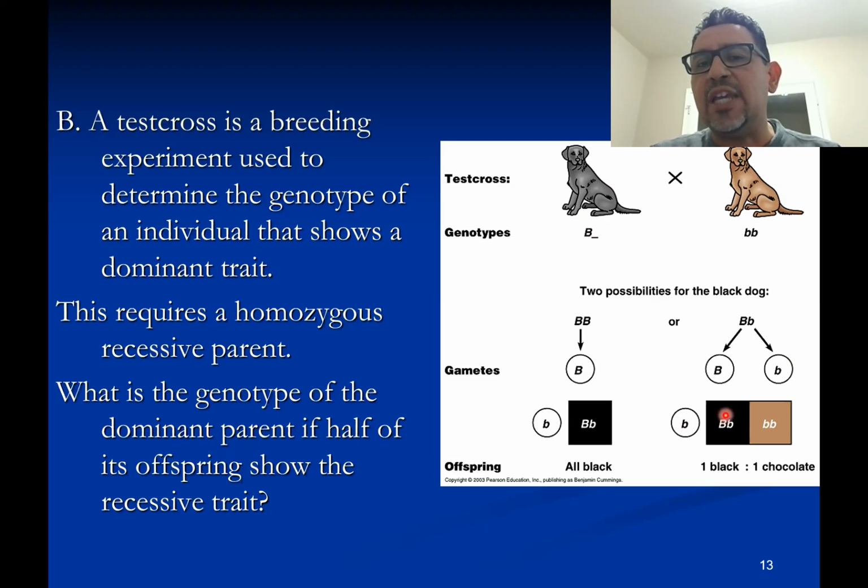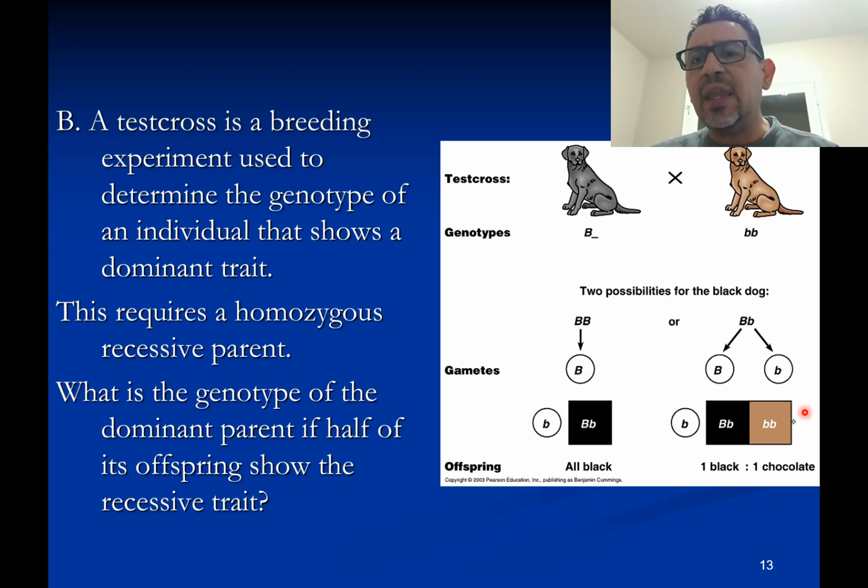But now, if this black dog is a heterozygote and also carries one of the recessive alleles in its genotype, now it's possible for the gamete containing the brown allele to go with the gamete produced by the other parent with the brown allele, and lowercase b will produce some of the offspring with the recessive phenotypic trait. They would be homozygous recessive.